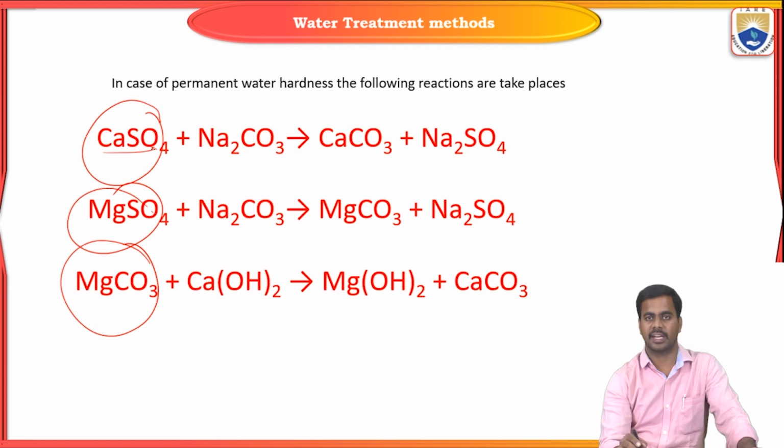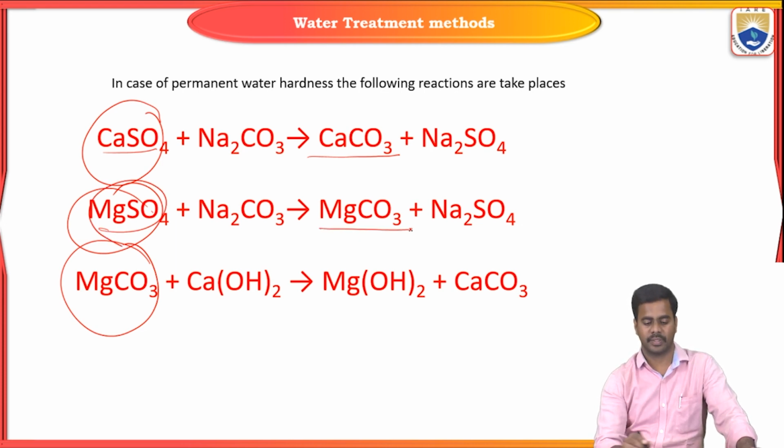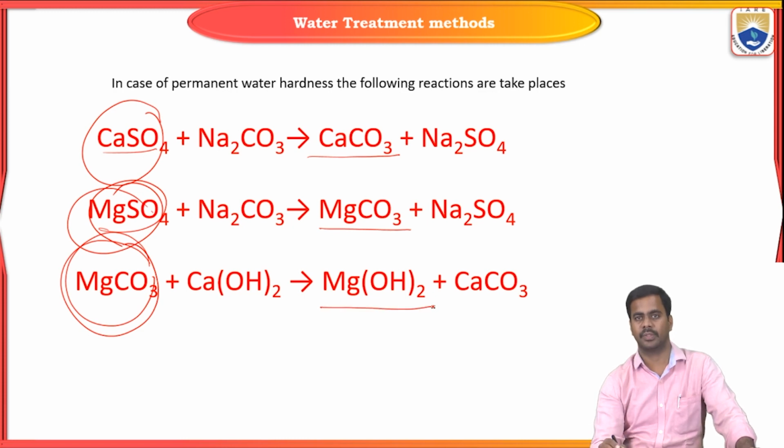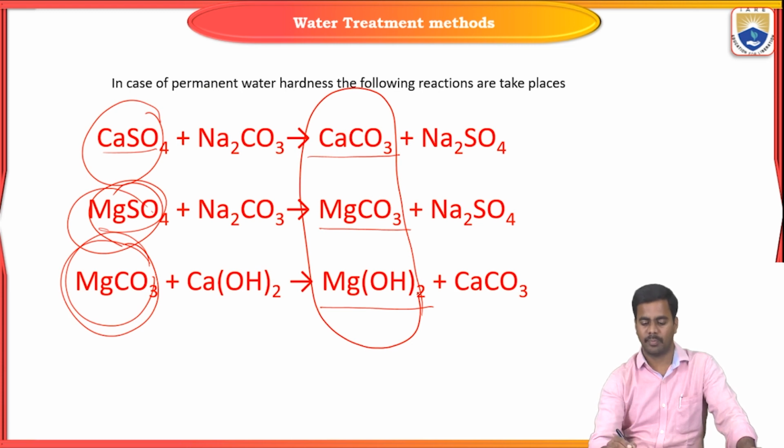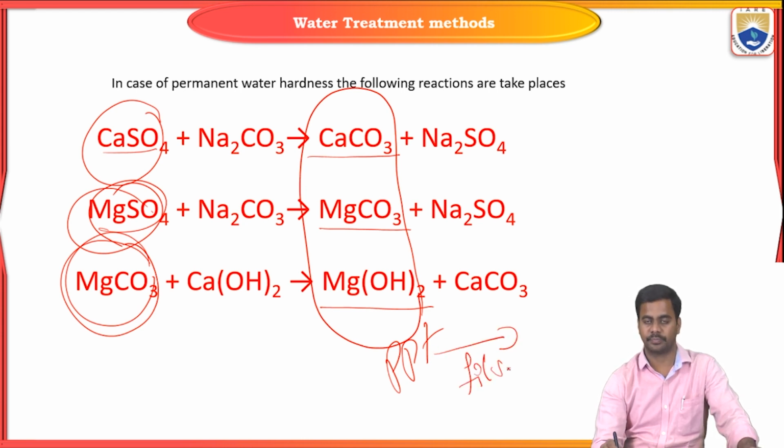Calcium sulfate is converted to calcium carbonate, magnesium sulfate is converted to magnesium carbonate, and magnesium carbonate is converted to magnesium hydroxide. These three compounds are found as insoluble precipitates. These are removed through the filtration process.